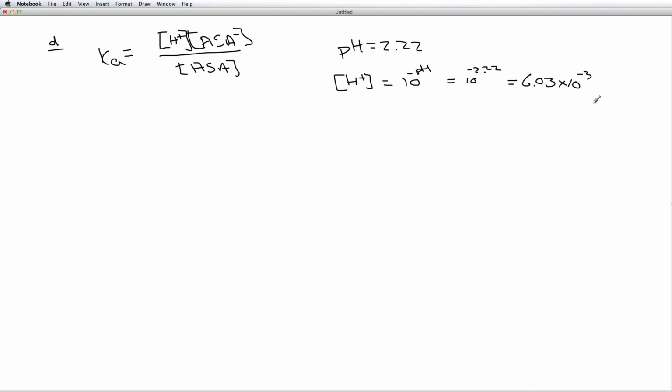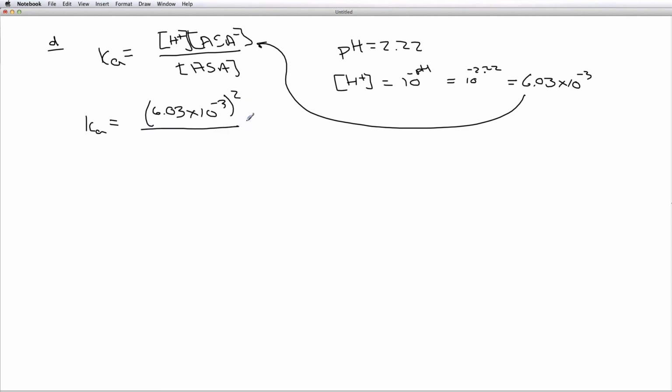So we go back over here and put that value in right there. The Ka will equal 6.03 times 10 to the minus third, squared for both terms on top, divided by the concentration of the aspirin, which we have to find.